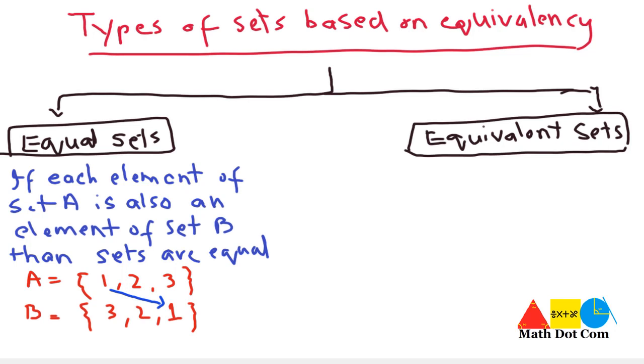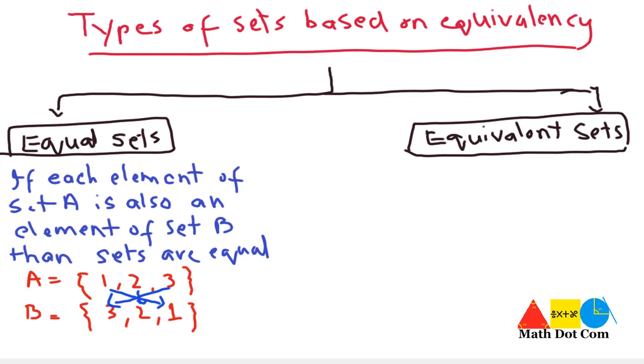In B, 1 is also there. We will see 2 is in A. We will check in B. Yes, 2 is in B. Then 3: yes, in both A and B, 3 is present. It means that the elements as well as the number must be equal for the sets to be equal. So these were the equal sets.